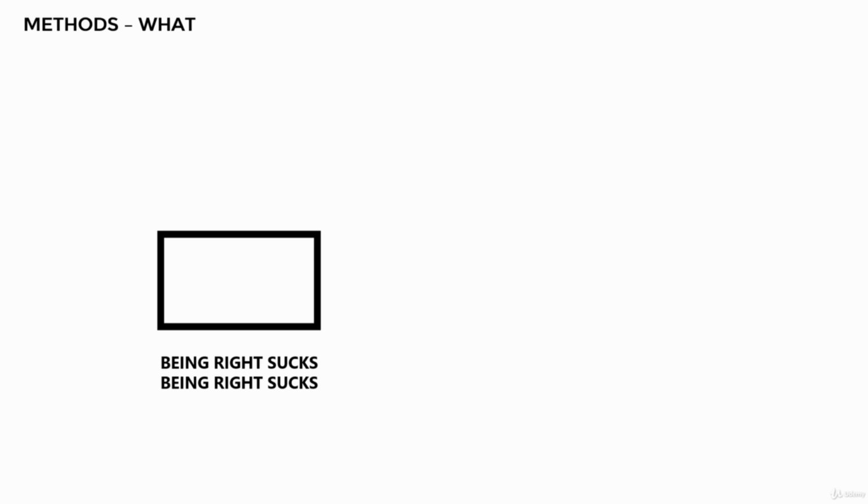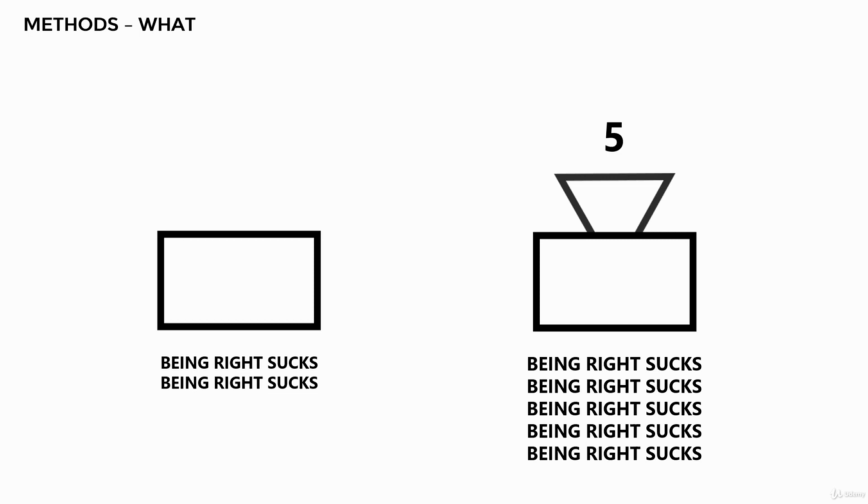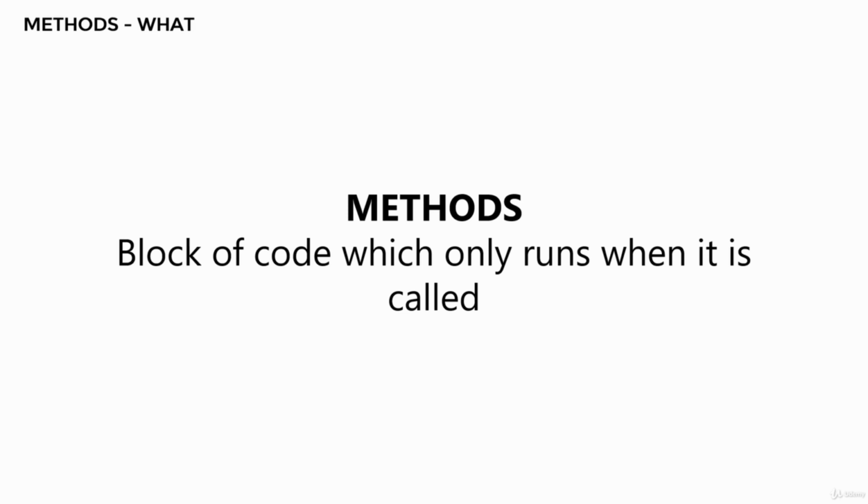It just prints out a text 2 times, or it has an input, but there is no output more than printing out something. By definition, a method or a function is a block of code which only runs when it is called. Functions are one of the most important features of all programming languages.